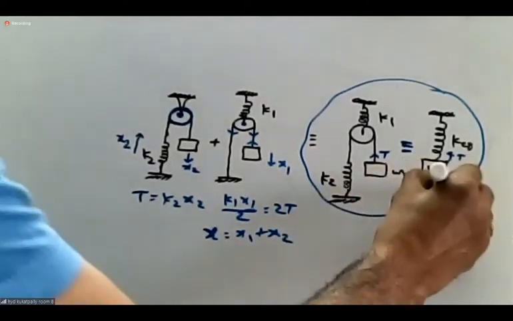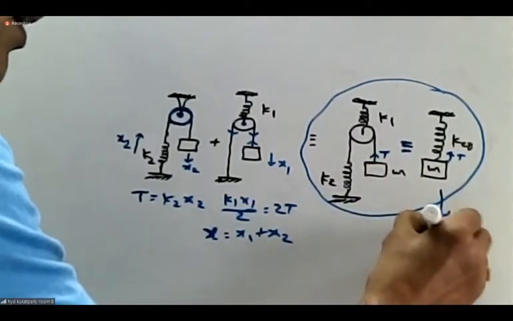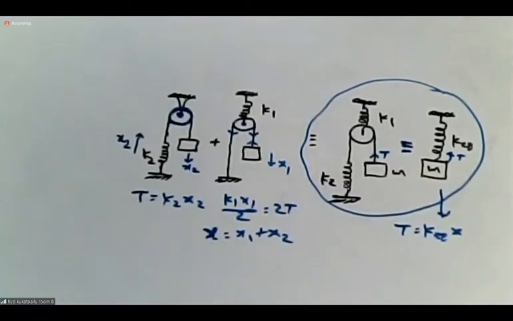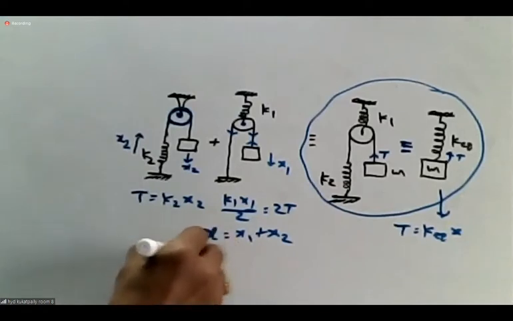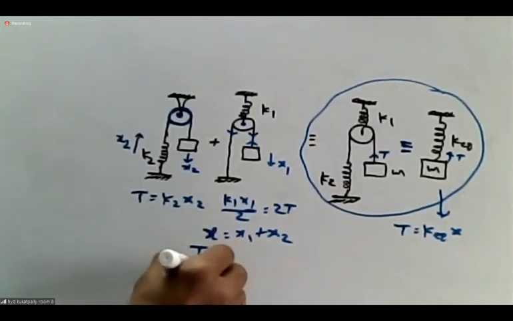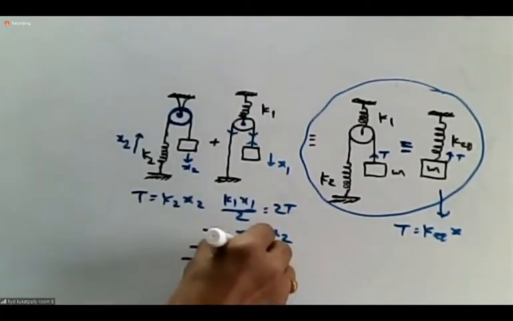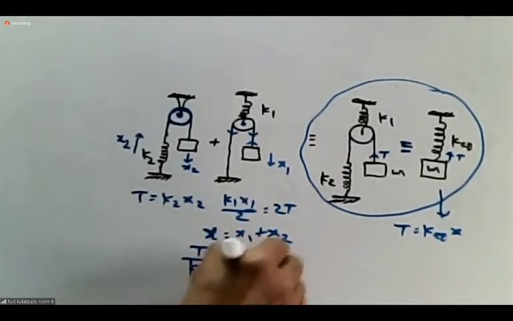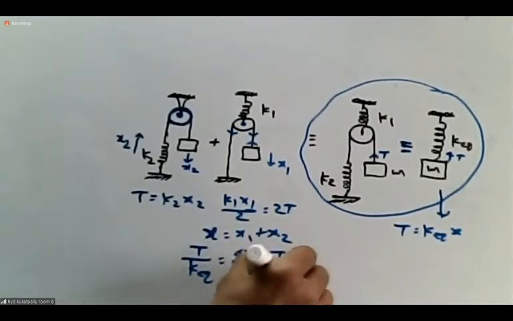I can write in this case the same tension T is equal to K equivalent into x. So x I can write as T by K equivalent. x1 is equal to 4T by K1 plus x2 equal to T by K2.